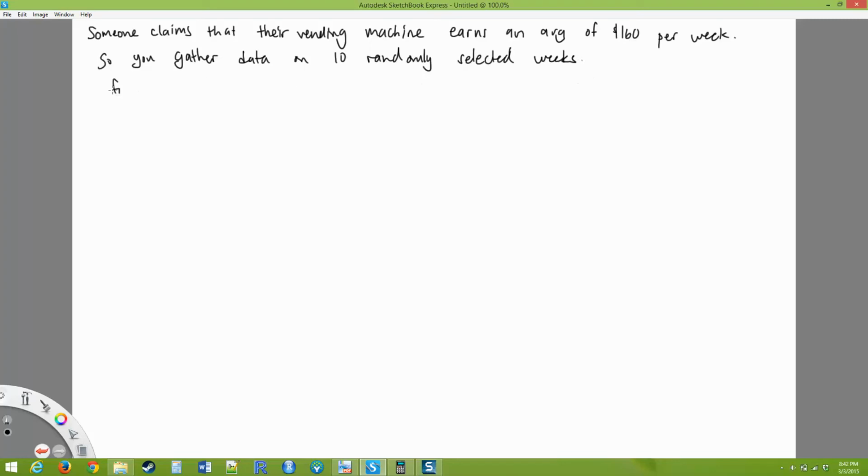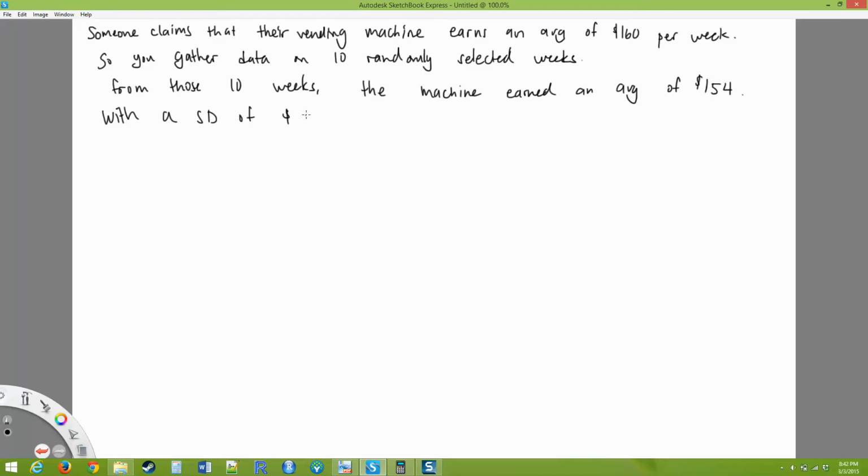So from those 10 weeks, the machine earned an average of $154 with a standard deviation of $11.